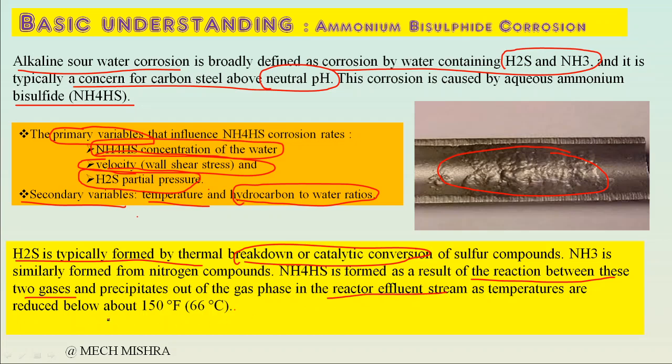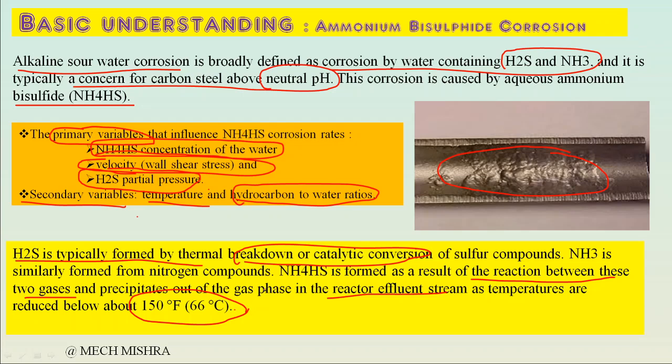So what are the primary variables which affect the corrosion rate, meaning what are the critical factors? First is the NH4HS, ammonium bisulfide concentration in water.